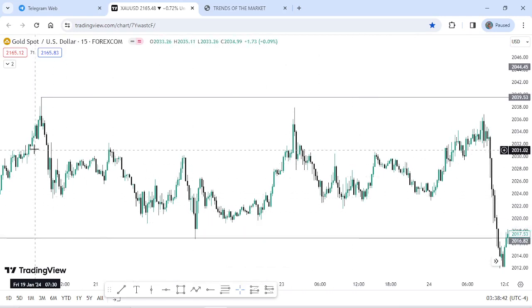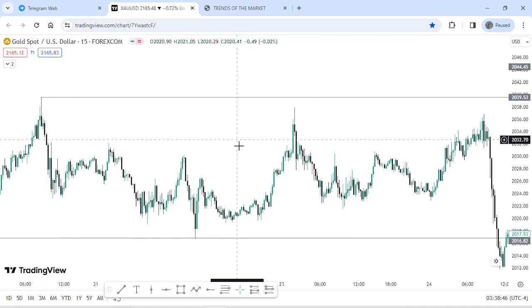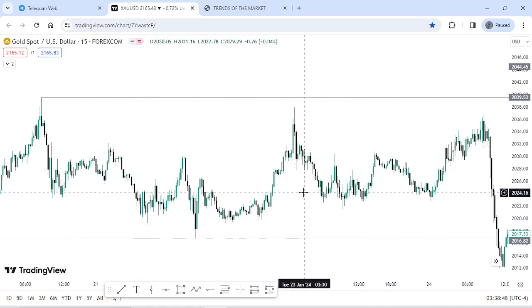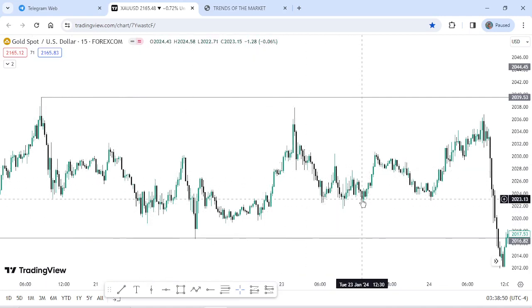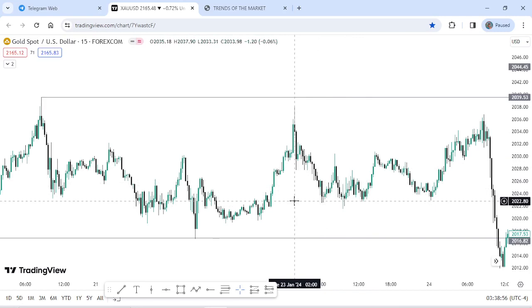Why? Because as time kept on going, it is as if the market is just going on a straight line to the right. You cannot identify any good higher highs and higher lows here.